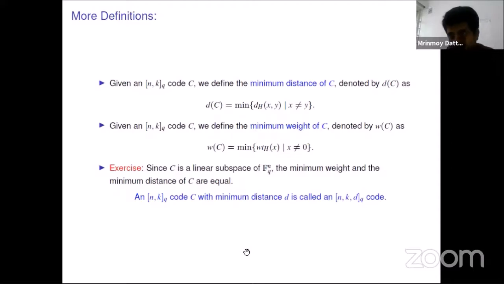And if we have a code C which is an [n,k] code, namely it has length n, dimension k, and minimum distance d, then it is called an [n,k,d]q code. So we have just recorded the minimum distance information in the definition. Please feel free to stop me in between if you have questions.